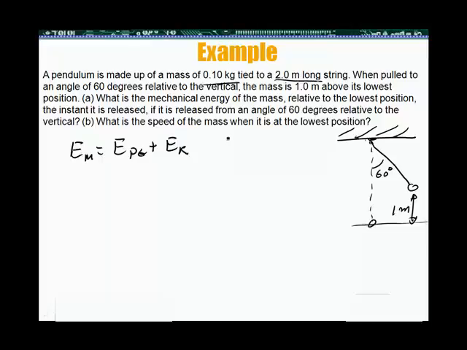It is released from that top position. That means the kinetic energy is 0. The gravitational potential energy is mgh, so that's going to be mgh plus 0. Now, what would be the mgh?